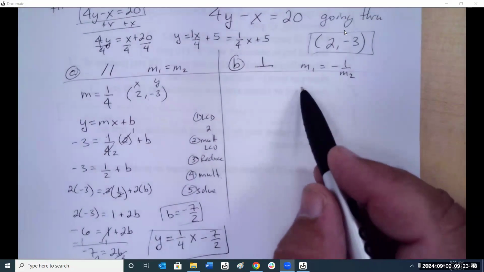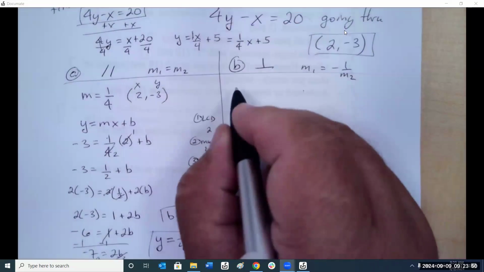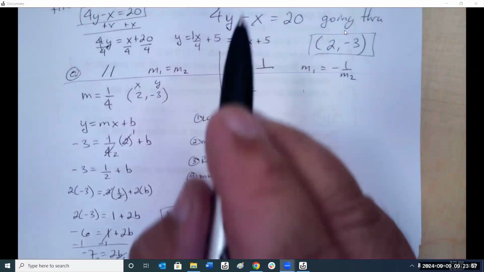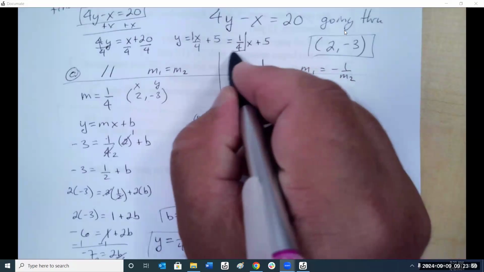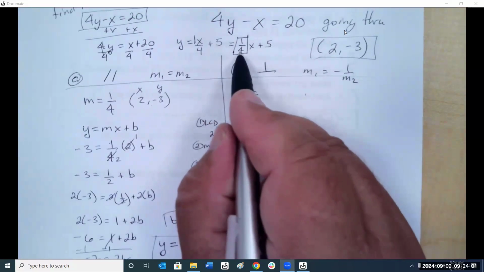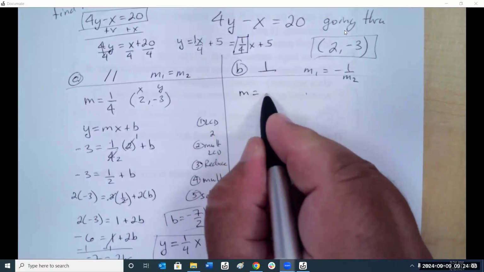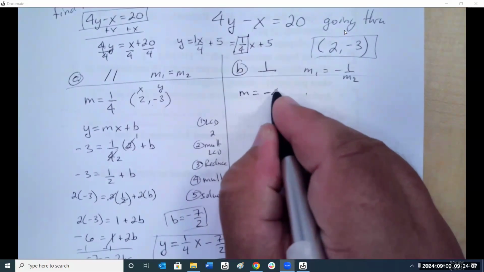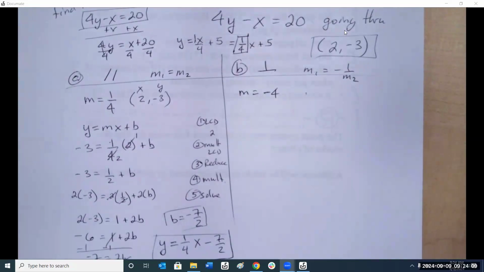Now we do the same thing for the perpendicular one. What's the slope of this equation? Remember, the slope of our equation here is 1/4. It's positive. So this slope has to be negative. And flip 1/4, you get 4. It's 4/1.